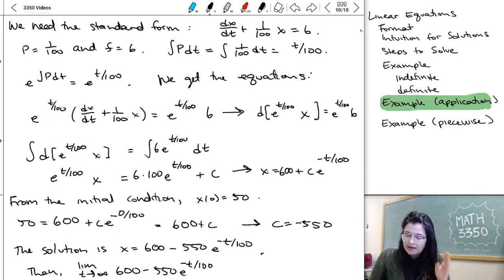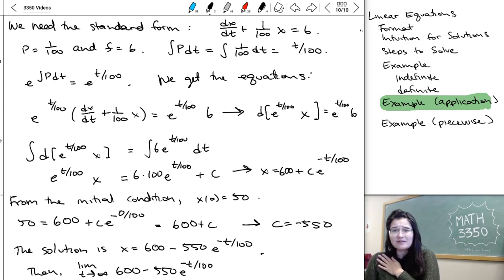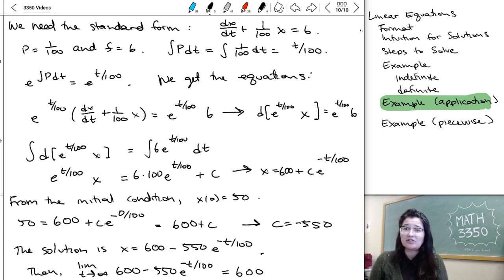And e to minus t goes to 0 as t goes to infinity. So this limit is just 600, which is exactly what we thought the answer would be when we were looking at equilibria. So that's how we would finish out the problem. And if you're still writing, go ahead and hit pause and make sure that you've got everything written down the way you want it in your notes.